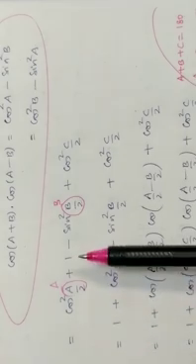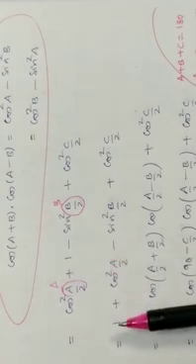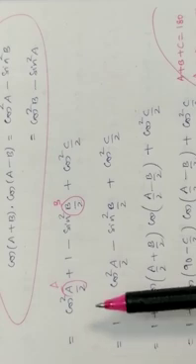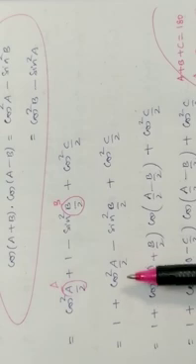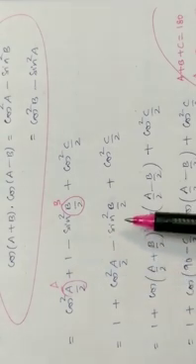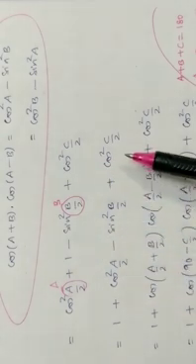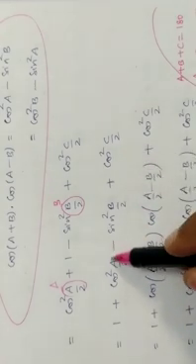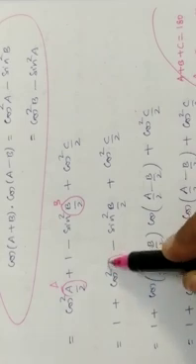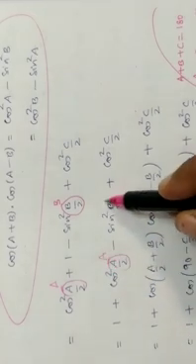I have taken plus 1 separately and I have written cos square a by 2 minus sin square b by 2 plus cos square c by 2. It is in the form of cos square a. Treat this as a. Treat this as b.